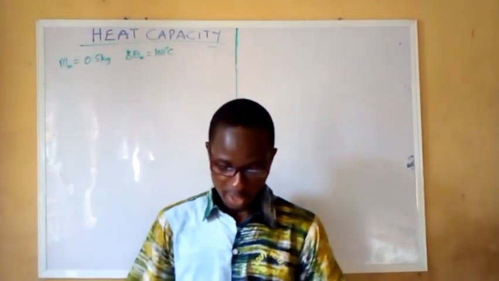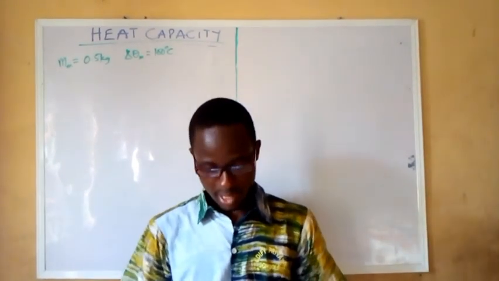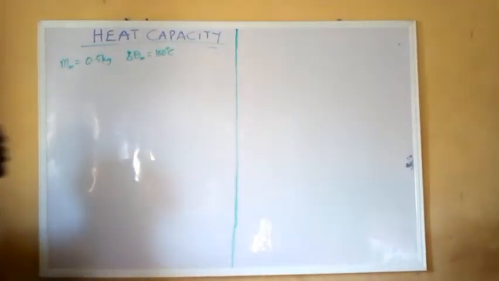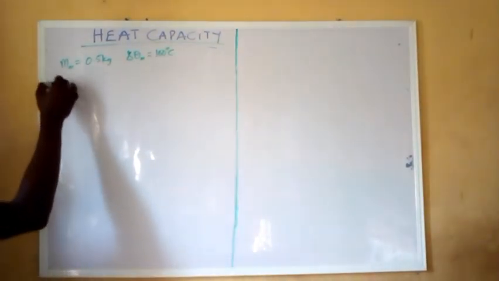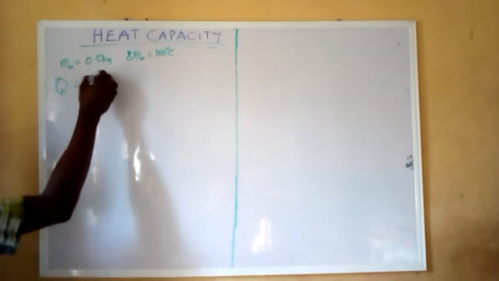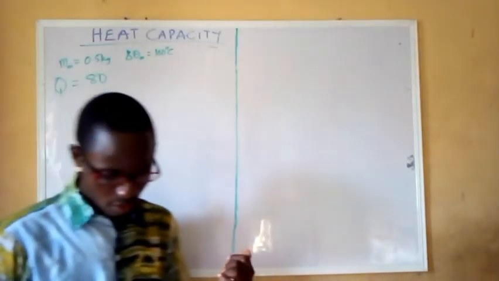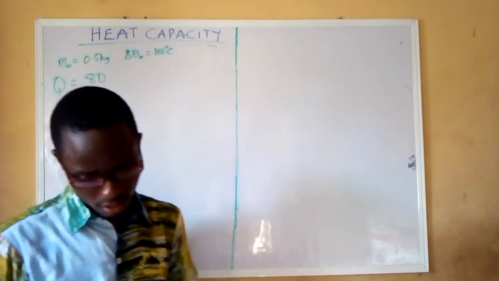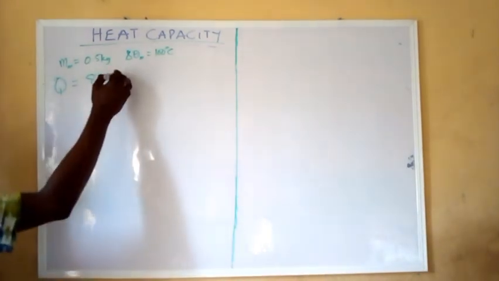So the calorimeter is well lagged, and the heat capacity of the calorimeter is 80 joules per Kelvin.